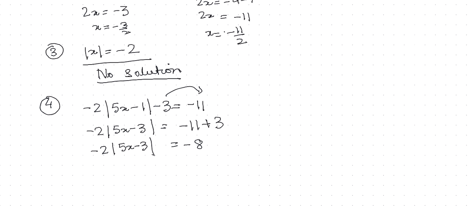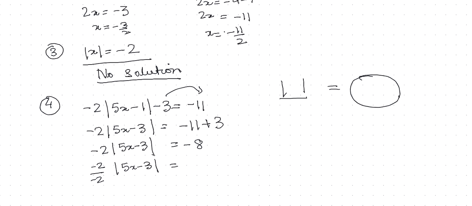Now to get rid of the 2, because we want only the absolute value on the left side and everything else on the right, we'll divide by negative 2.